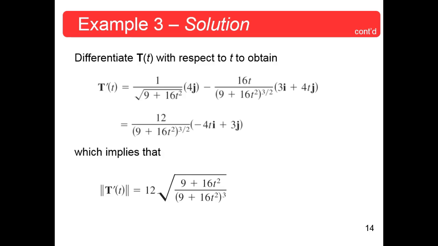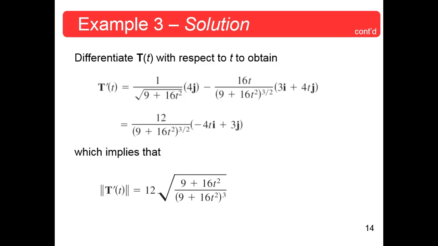No real reason that I can see. I would have, like I did, carried all this thing to the outside, and then what you had here was 9 plus 16t squared. And you square that. Well, I guess I see why they did it, because this square root will go into that then.